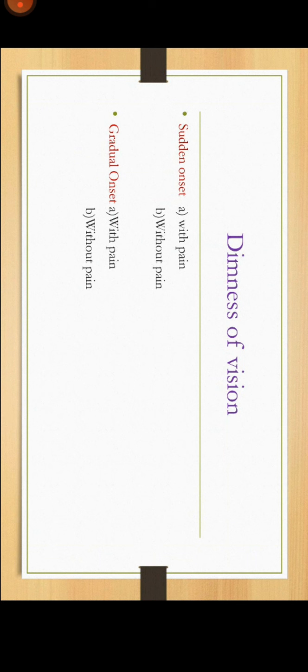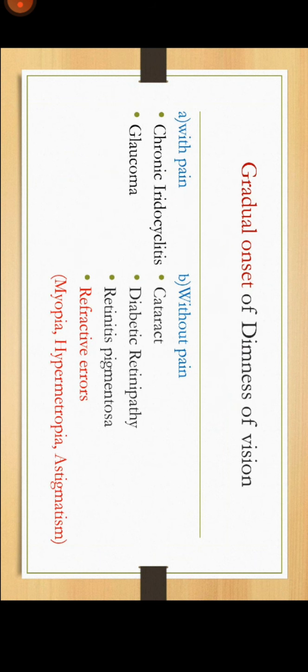Also, whether it is sudden or gradual, whether it is associated with pain or without pain should be clearly asked. In case of gradual onset of dimness of vision with pain, normally that is chronic iridocyclitis, a chronic inflammation of the iris along with the ciliary body.